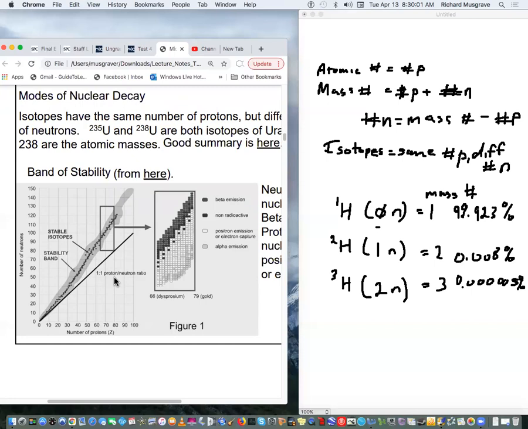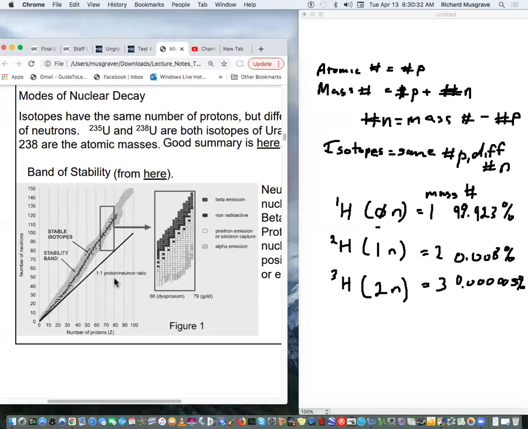And if you've got a whole bunch of positively charged things in a very, very small volume, you're going to start to experience some kind of repulsion between them. So there's going to have to be more neutrons in the nucleus in order to offset that electrostatic repulsion that's going to occur between positively charged particles in the nucleus.